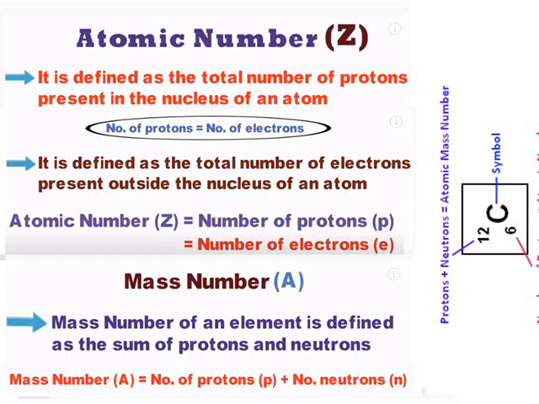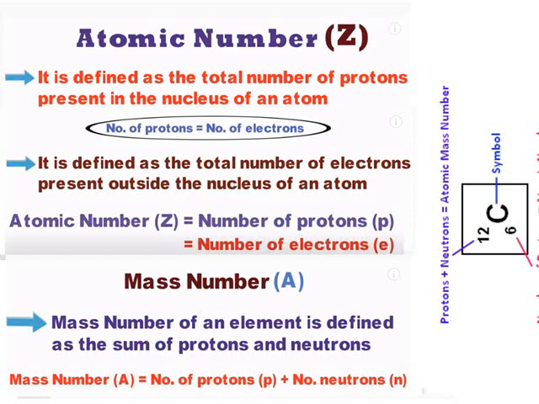That's why in the previous slide I told you mass number will always be greater than atomic number, because mass number is made up of two particles: the number of protons and the number of neutrons. So if there are 5 protons and 6 neutrons, then 5 plus 6 equals 11. 11 is the mass number of that element.